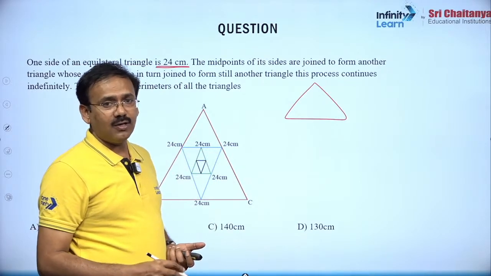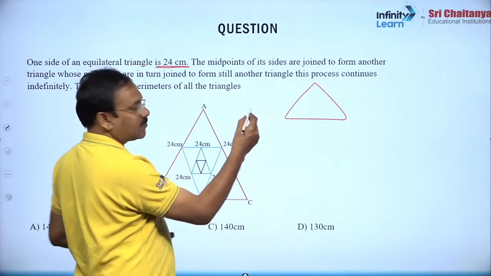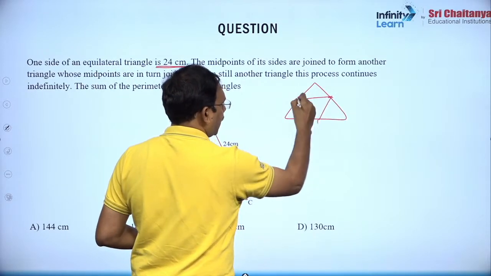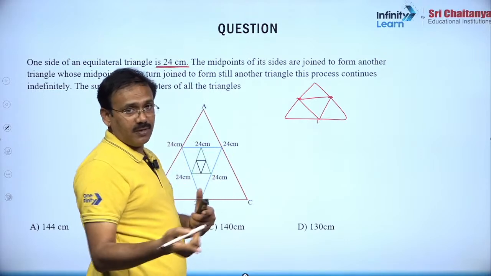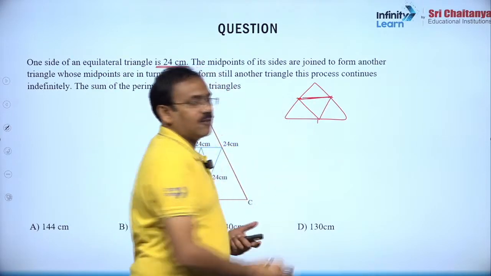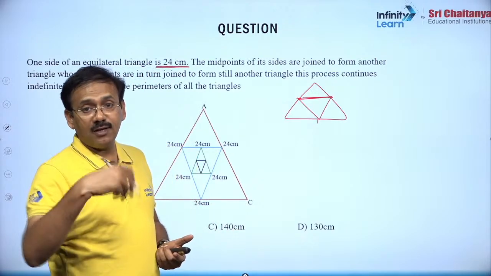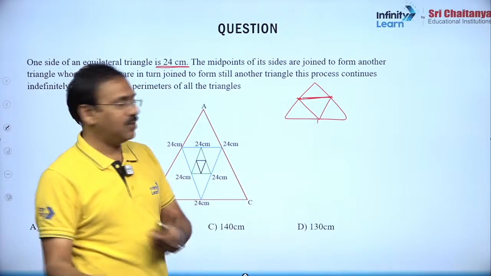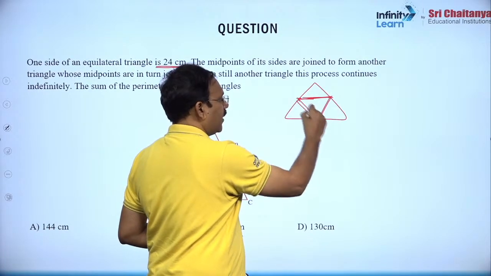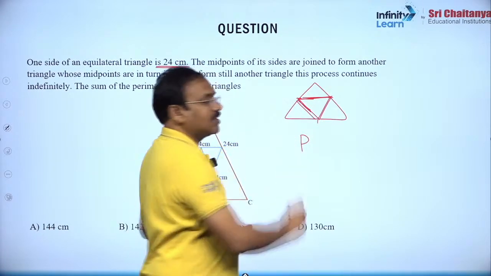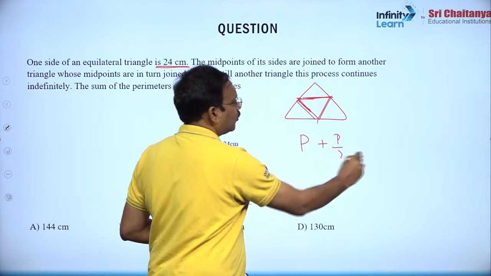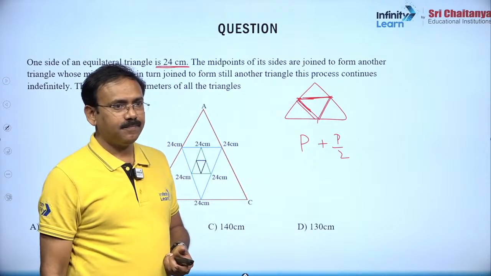Then midpoints are joined to form another triangle. Undoubtedly it will also be an equilateral triangle. You know, if you join the midpoints of sides of any triangle, it will be parallel to the third side and half of it, midpoint theorem. So this is half of this side, similarly this. So my dear friends, if the original triangle's perimeter is P, this second triangle's perimeter is P by 2.